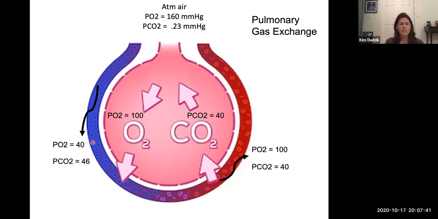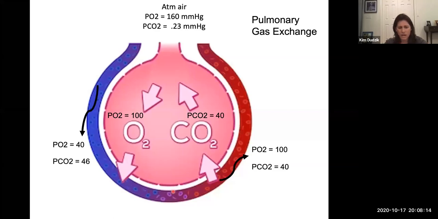Okay, so that means by the time this blood comes around to our capillaries in our lungs, you have a partial pressure gradient, right? So if you have 100 millimeters of mercury at the lungs and the blood right next to it is only at 40, that means oxygen is going to, by simple diffusion, just diffuse across the membranes of the alveoli, diffuse across the membranes of the capillary.